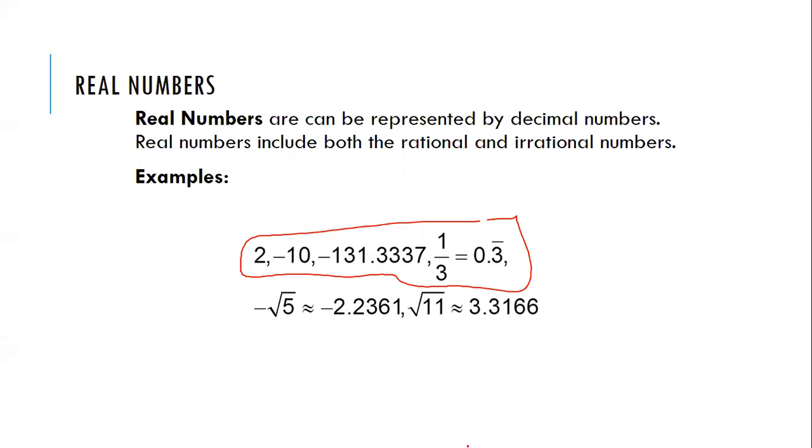What you see circled are examples of real numbers, because all of these can be written as terminating decimals or non-terminating, but pattern repeating decimals.